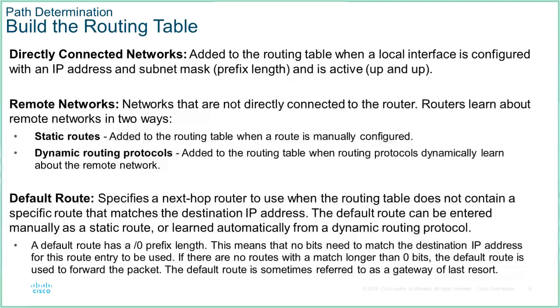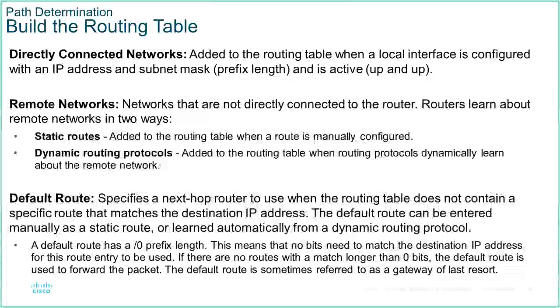Lastly, we've got a default route, which is a static route, but it's a special one. This is where we use a quad 0 with a no match bit. So we're not actually matching anything, it's a wildcard.